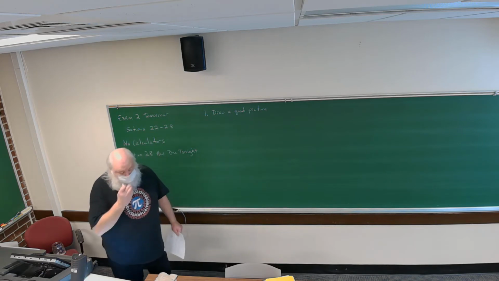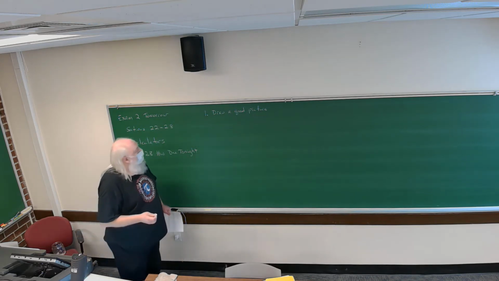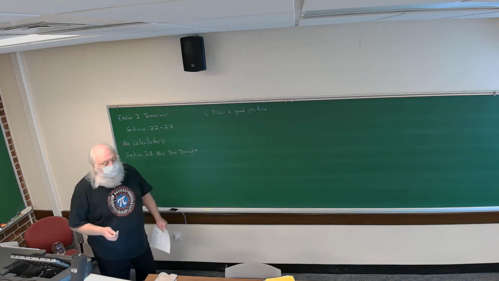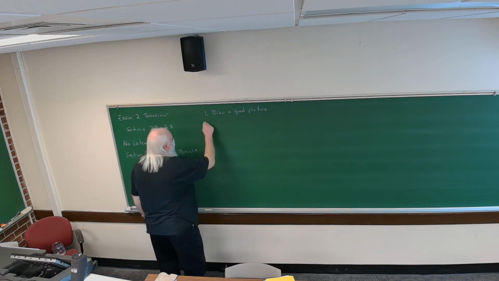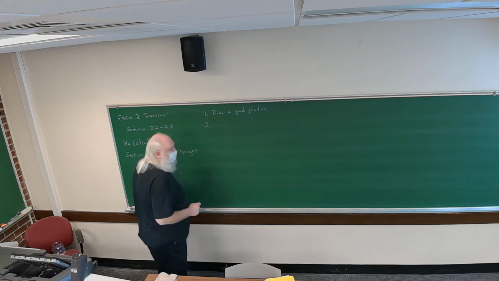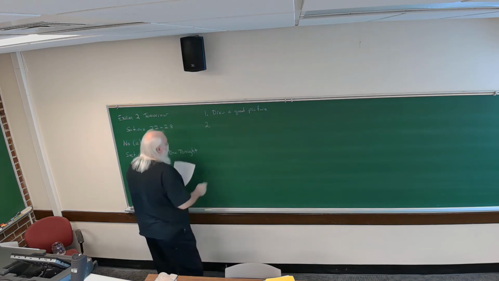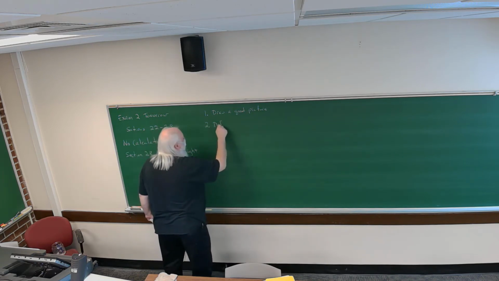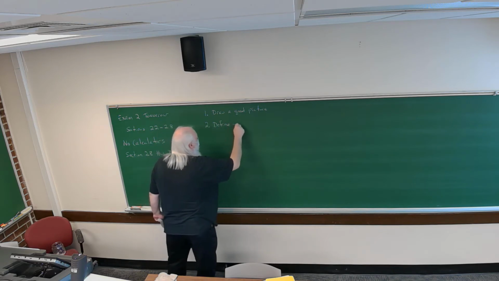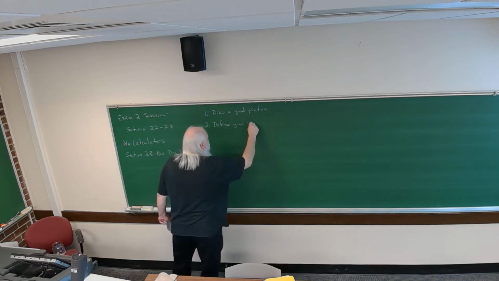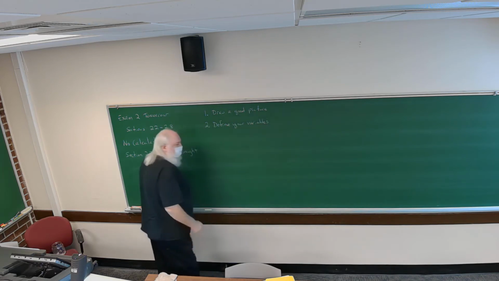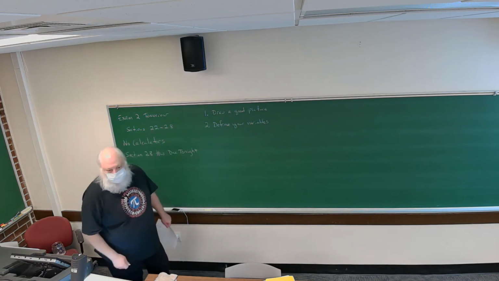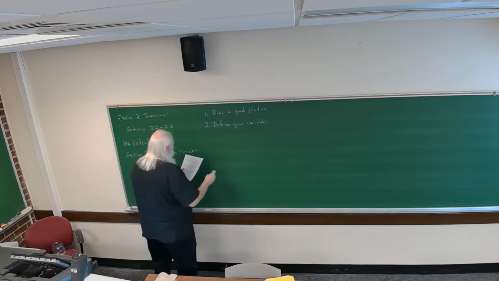The better you can visualize things, the better off you are, and drawing a good picture is part of good visualization. Second, define your variables. What does X represent? What does Y represent? And so forth.